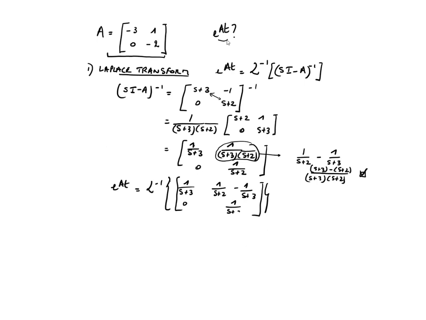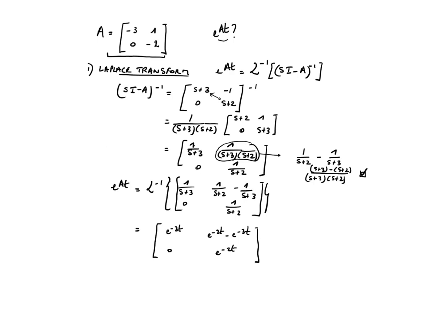That's pretty easy. We end up with e to the minus 3t, e to the minus 2t minus e to the minus 3t, 0, e to the minus 2t. And there's your expression of the exponential of At.